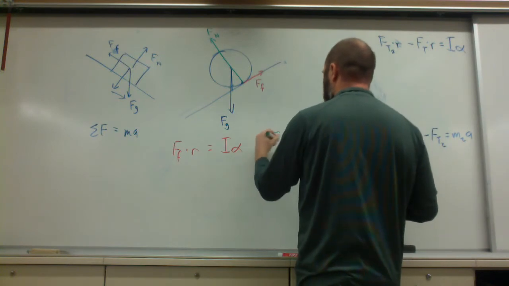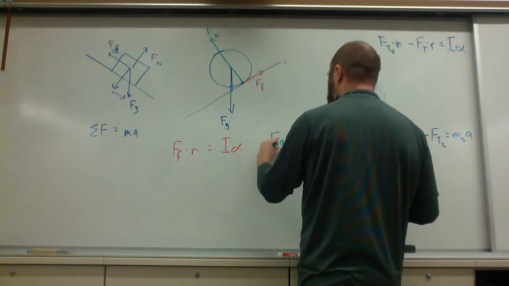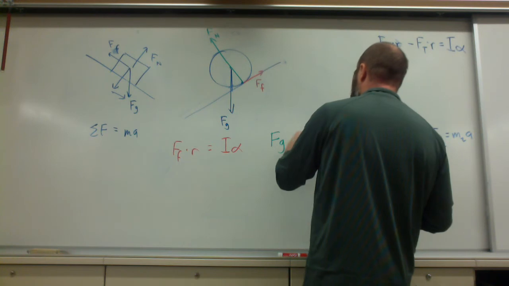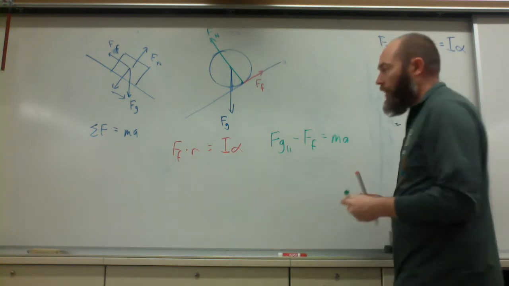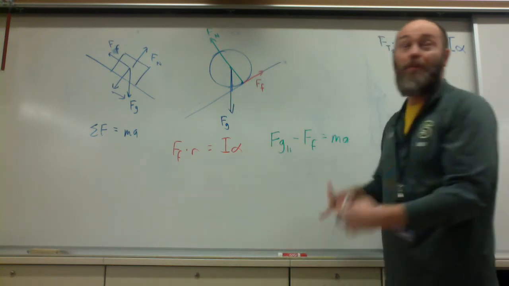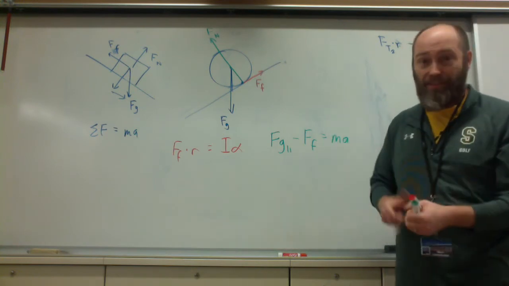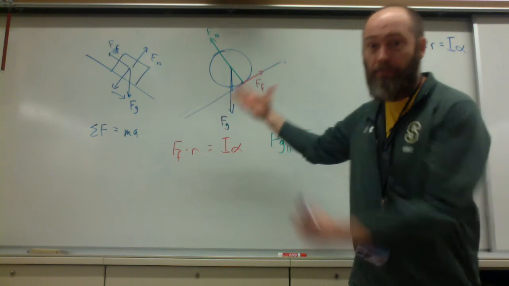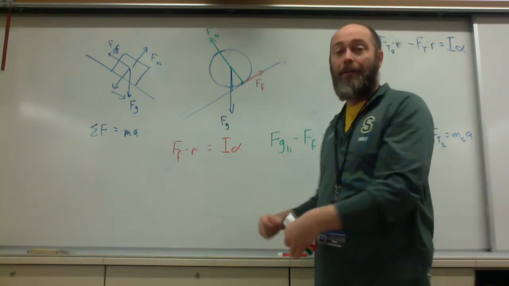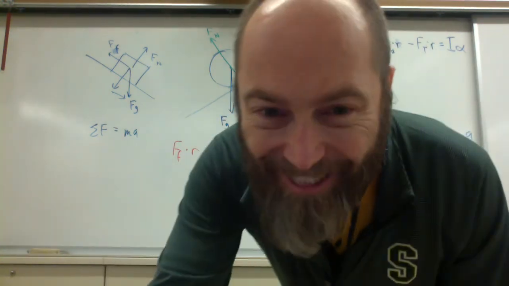Your parallel equation would be Fg parallel minus the force of friction equals ma. And then this variable and this variable are related, and you could plug stuff in and solve. But again, basics: free body diagram, equation from your free body diagram, solve. Bye, kids.